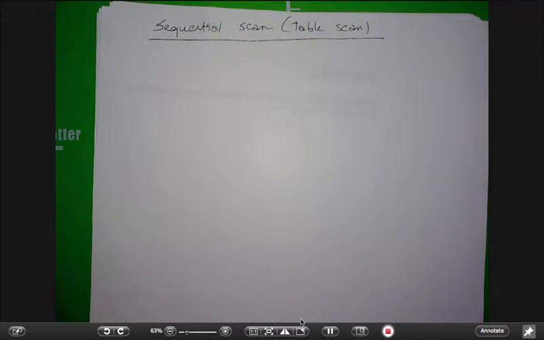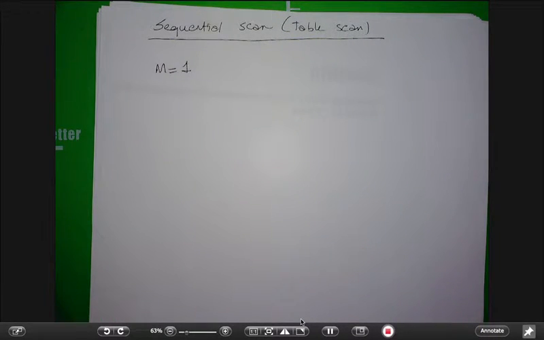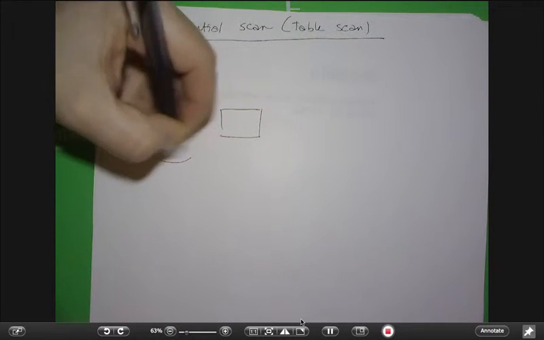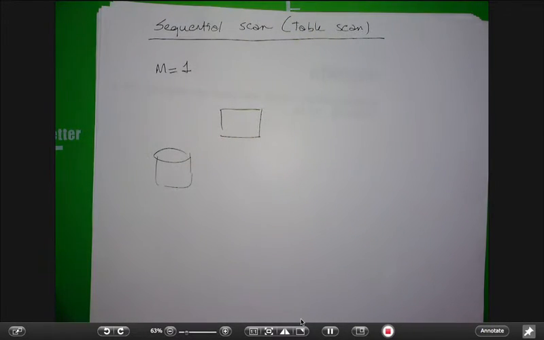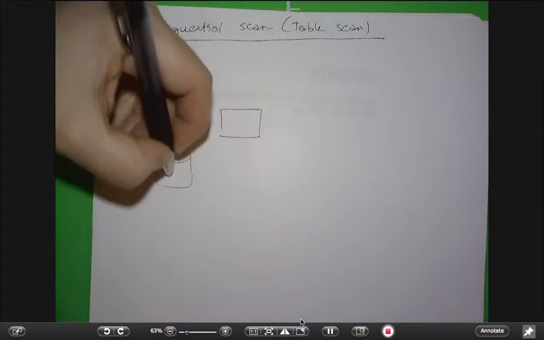So if you're doing sequential scan, or table scan, the nice thing about this is that it's actually very easy to do, because you only need one data block. So what the getNext would do is allocate this block and then figure out what's the first page for R is.